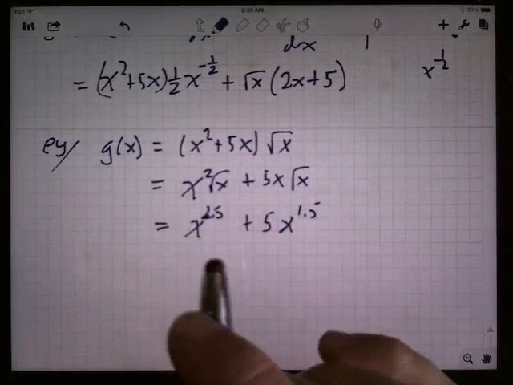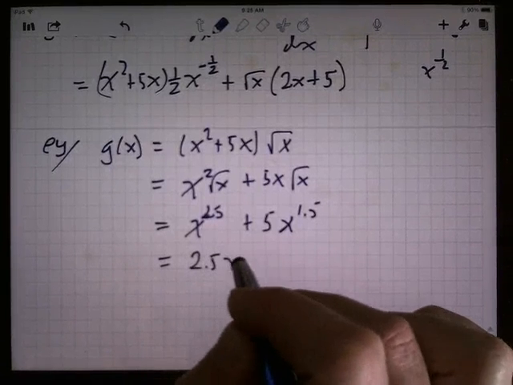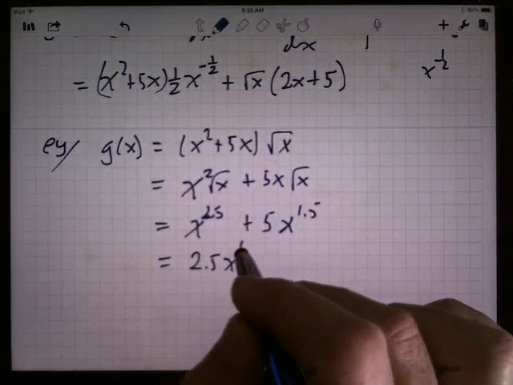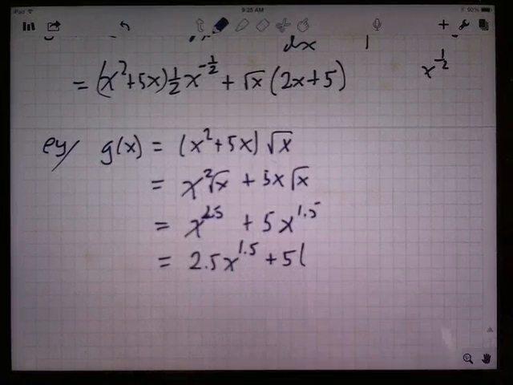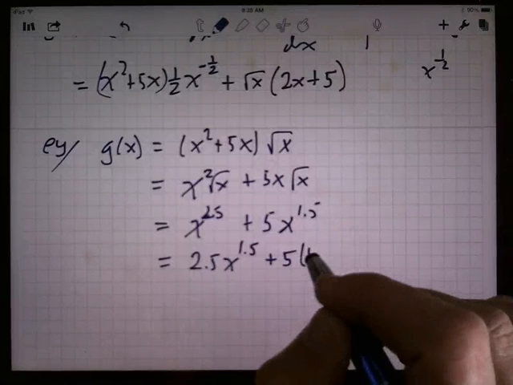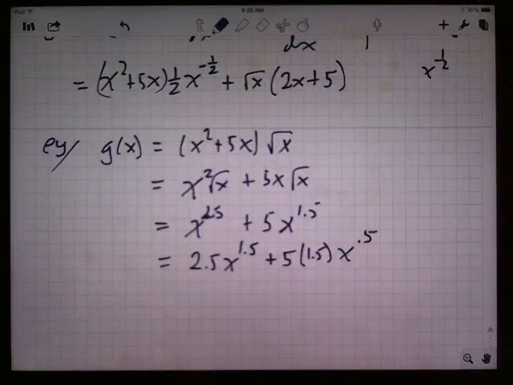Right? And so I could take this derivative as 2.5 x to the 1.5 plus 5 times 1.5 times x to the 0.5. Okay.